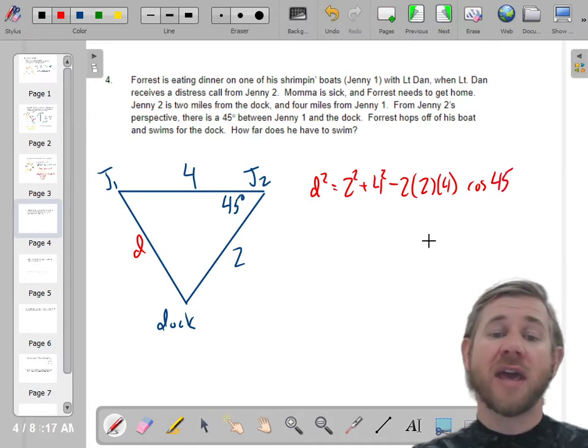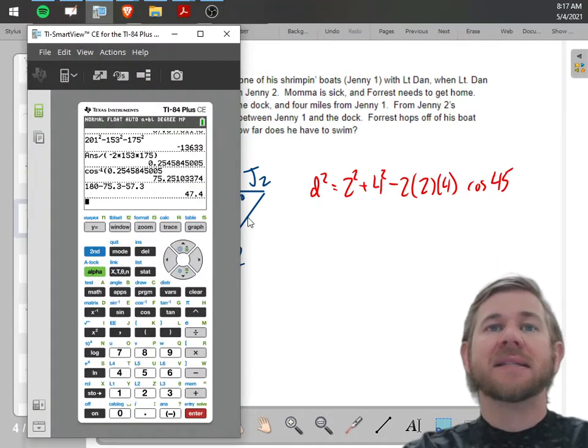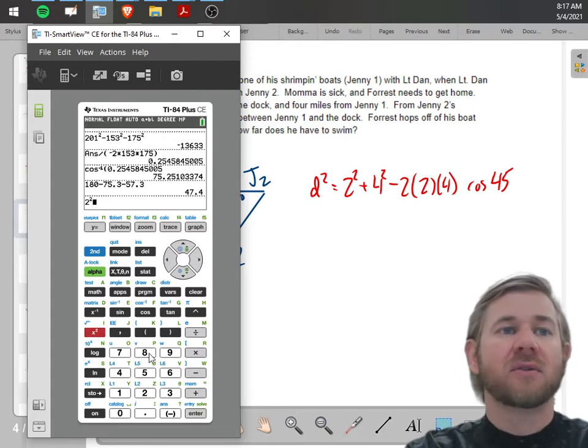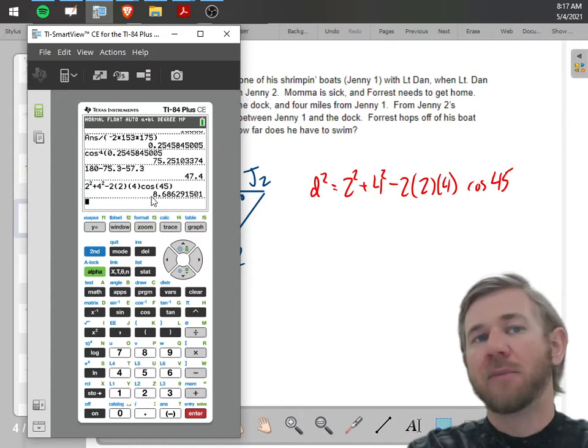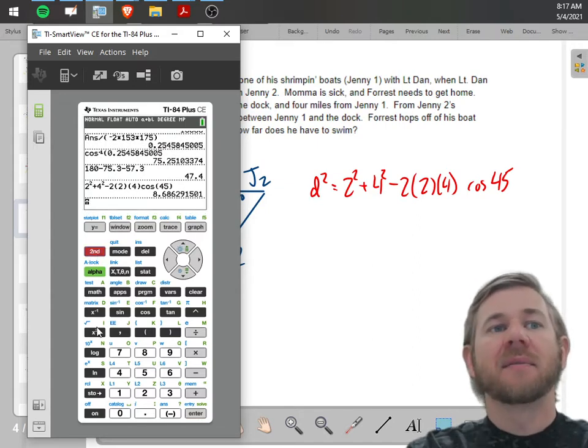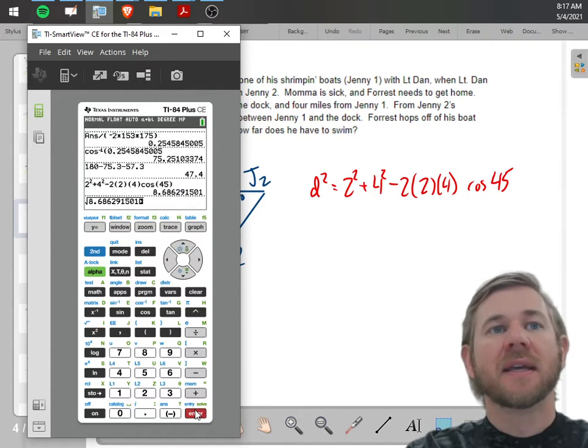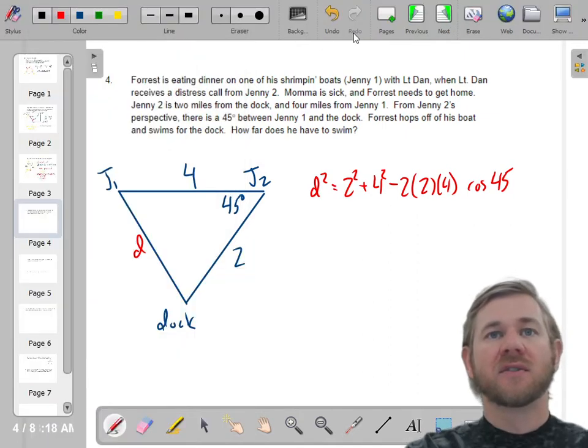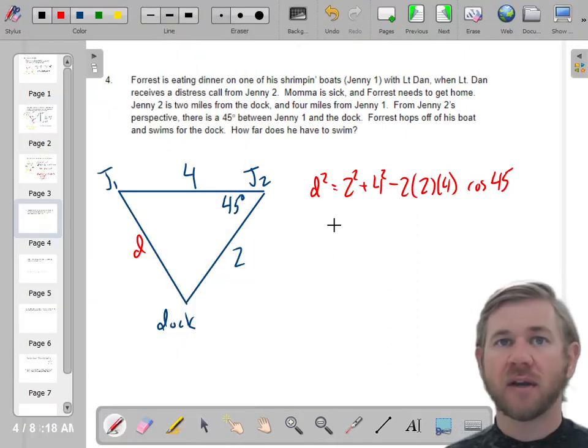Since we have the included angle, this is easier because all I need to do is type in the right side. 2 squared plus 4 squared minus 2 times 4 times cosine 45. 8.68, you need to square root that because that's d squared, and I get 2.95. So the distance is 2.95.